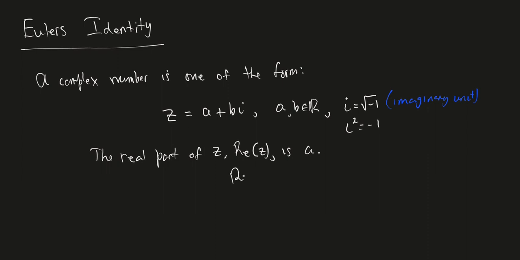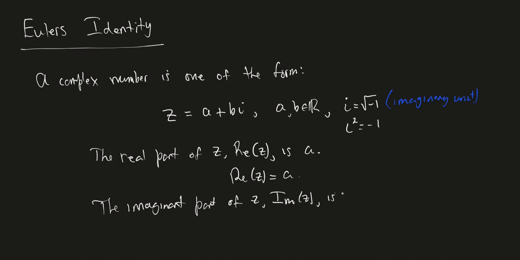So in other words, the real part of the complex number is a, and the imaginary part, how is that denoted? By uppercase Im of z. That's defined as b. So in other words, the imaginary part of z is equal to b, right?